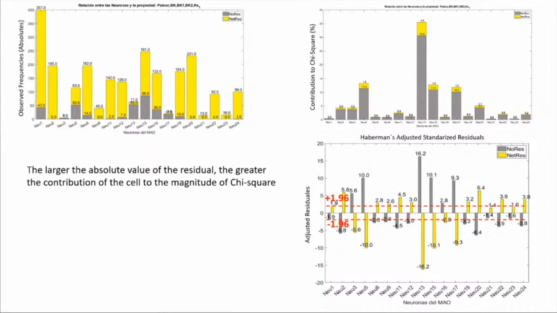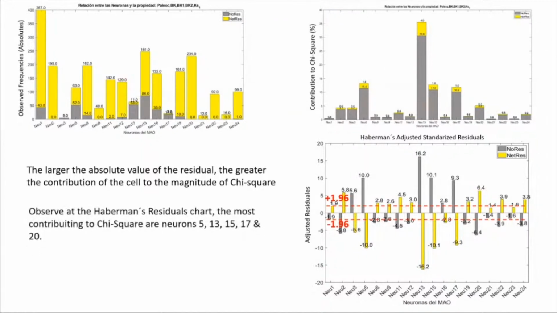And cells with large residuals show a greater discrepancy than we would expect if the variables were truly independent. So there are several neurons where the magnitude of the Haberman residuals is large, so something is going on with these cells or neurons.